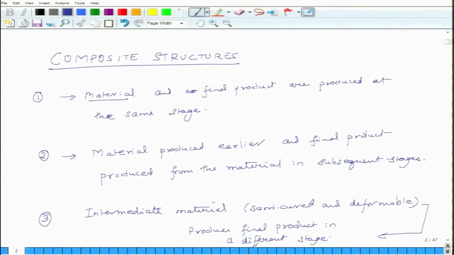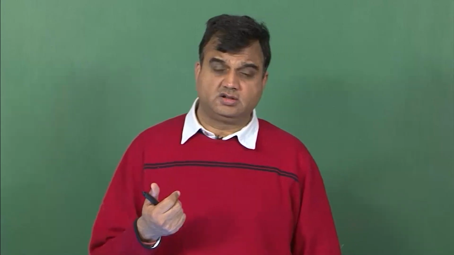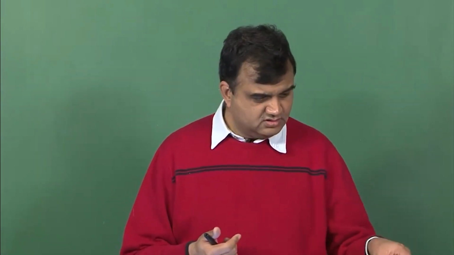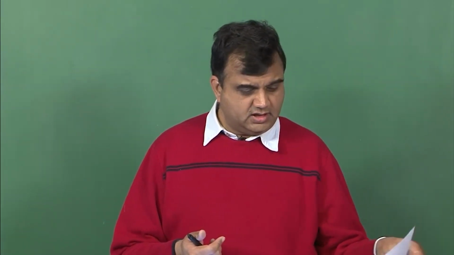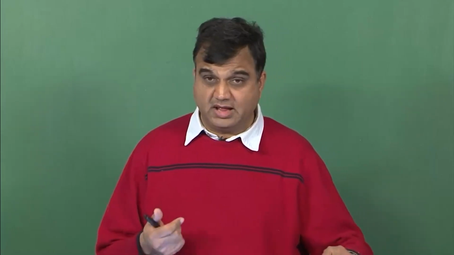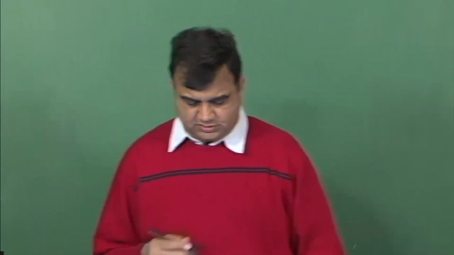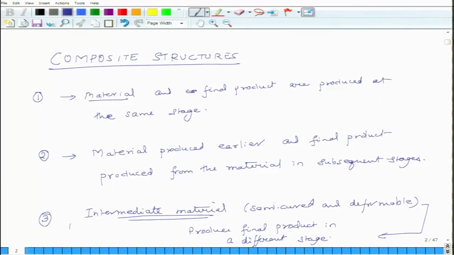So, these are intermediate materials, and there are three classes of intermediate materials. I will just give their names right now. One is called a sheet metal compound or SMC, the other one is called a BMC, bulk material compound, and the third thing is called a prepreg. So, these are intermediate materials.